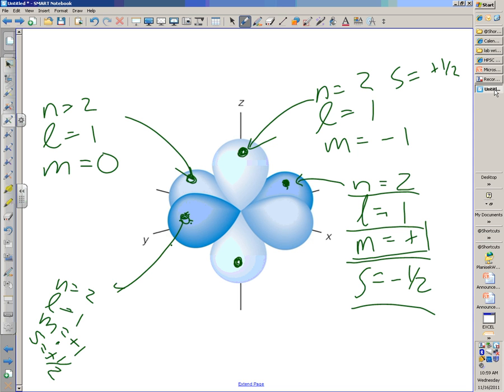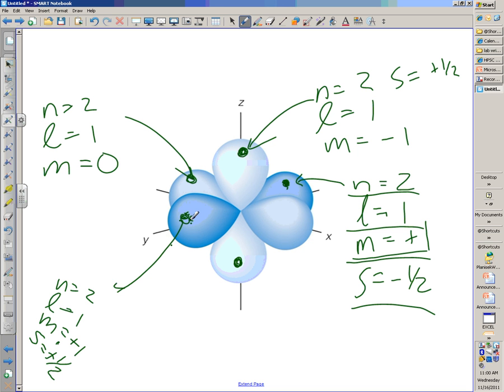Allison, go ahead. With the N, I know that they have to be the same orbital, the same shape. If they're the same shape, the L value has to be the same.